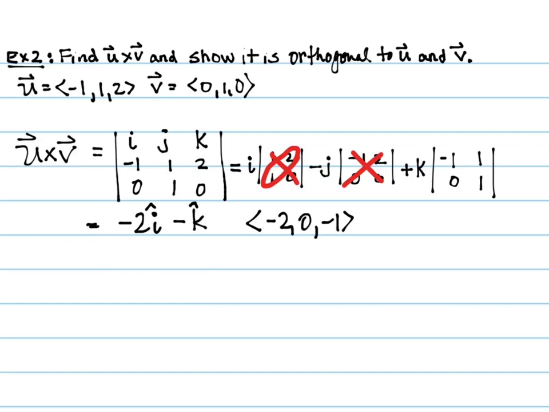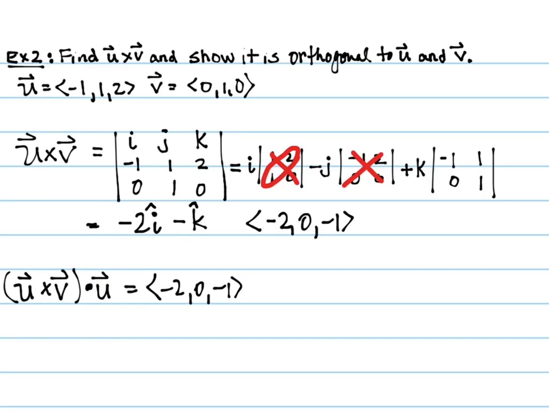If you take a dot product of two vectors and it equals 0, they are orthogonal. The dot product of whatever we're trying to decide between is going to be 0. And we're trying to say that what we just found in u cross v is going to be orthogonal to u. So we want the dot product with u, and I'll do the same thing in a moment with v. So for the u cross v, I had -2, 0, -1.